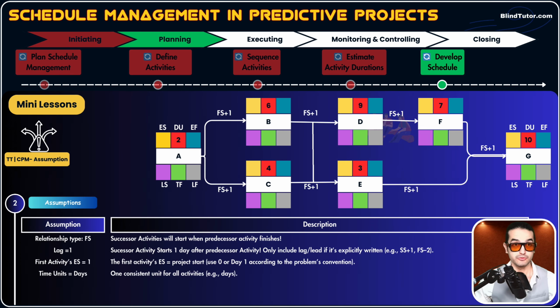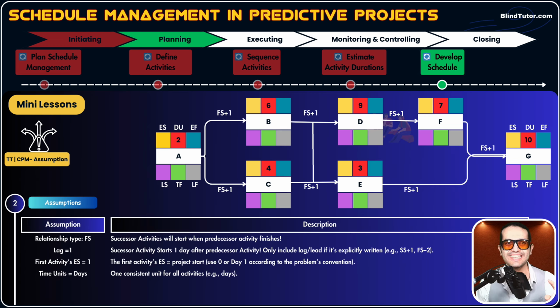In real projects, there could be other relationships like SS minus 2 or SF plus 2 or, I don't know, FF minus 5, any relationship that you can imagine. But for simplicity, we consider that all connections between all activities that are connected to each other are FS plus 1. For example, A and B has FS plus 1 relationship. It means that activity B starts 1 day after activity A finishes.